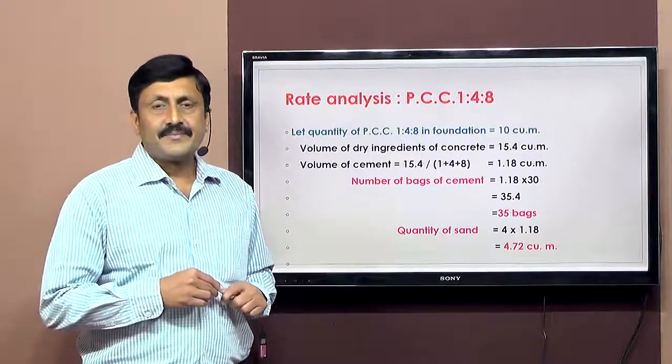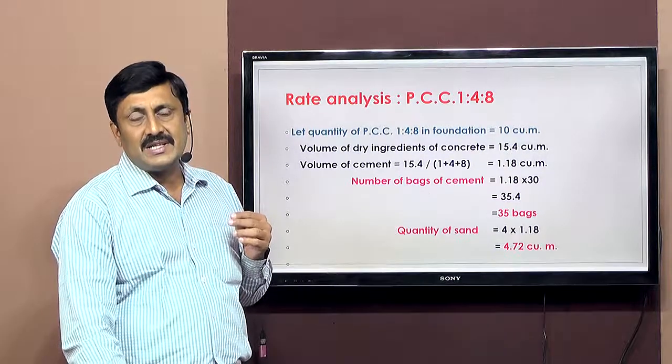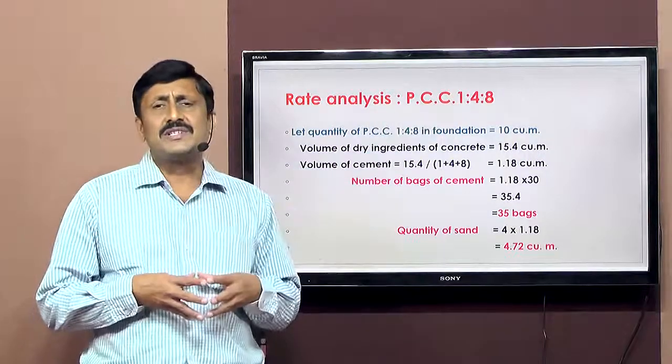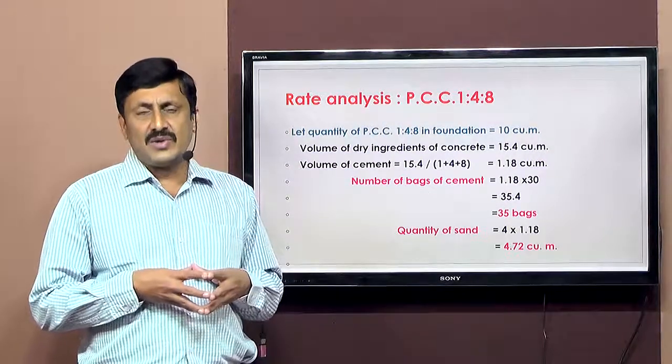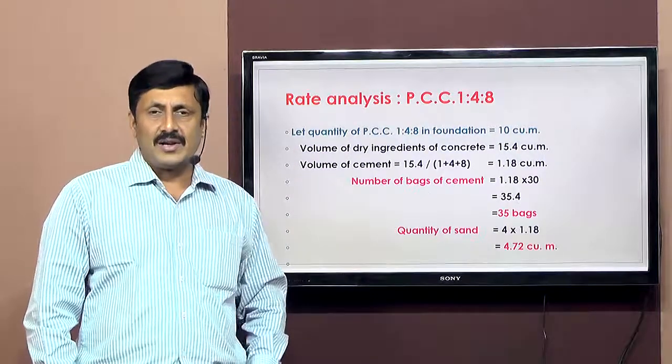The next item of work which we are going to discuss now is PCC, that is plain cement concrete. The PCC proportion is 1:4:8. Normally this kind of proportion is used as foundation concrete.